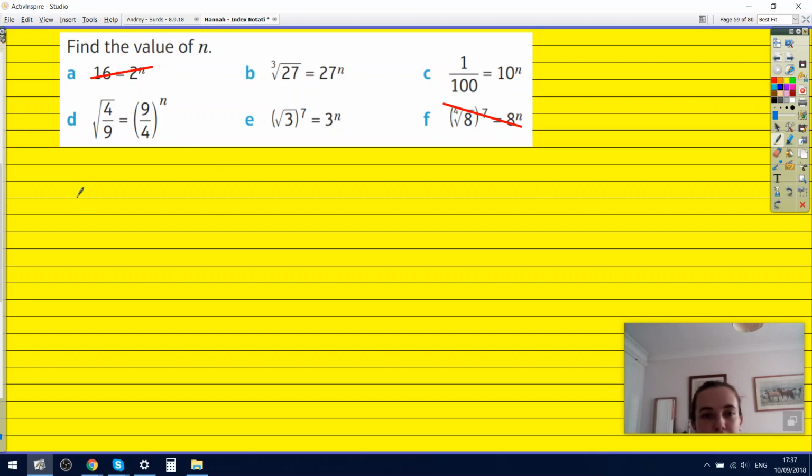Okay, let's try B. So to this, right, so, right. Just 27 to the third. Yeah. How about C? Squared. So 10 squared would be 100.